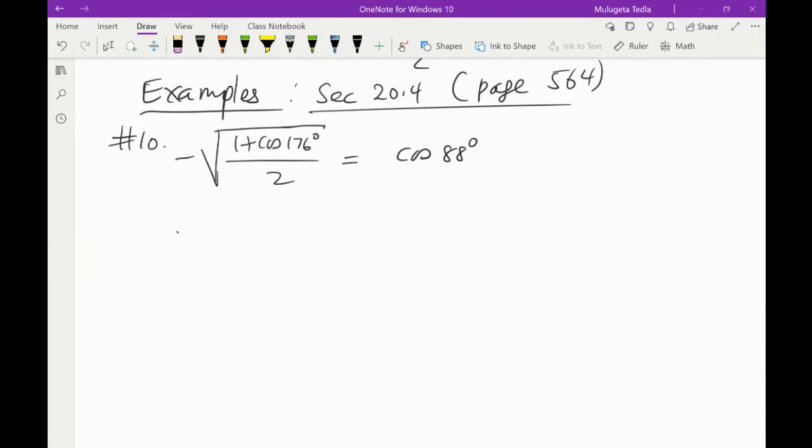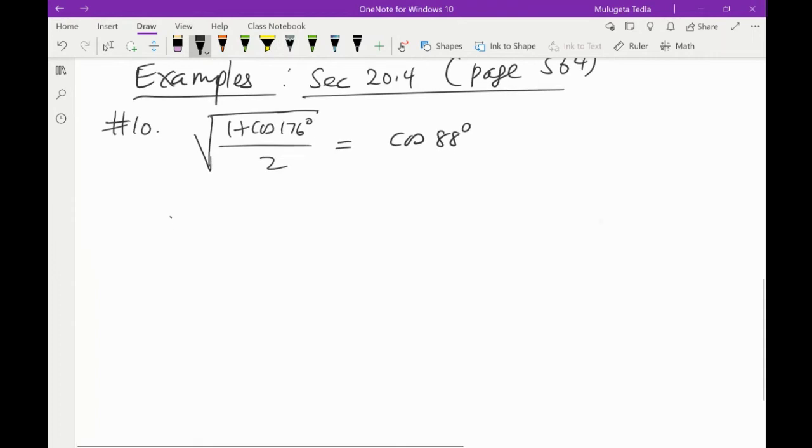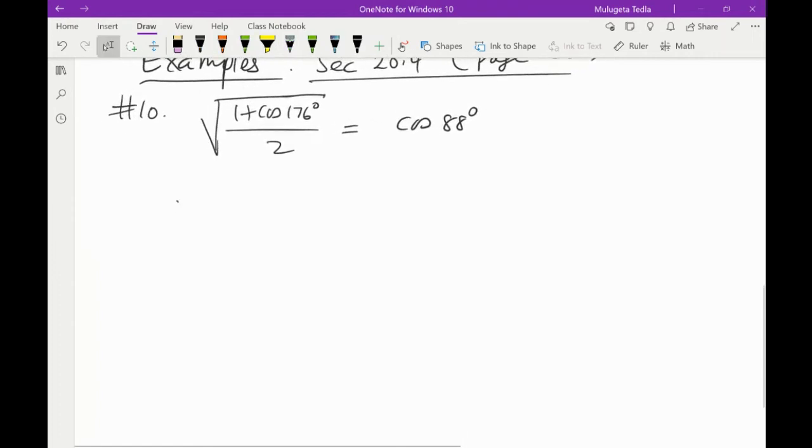So they didn't give us anyway. The square root of it is just straight cosine of 88. So the numbers should match. The calculator will give you the same.